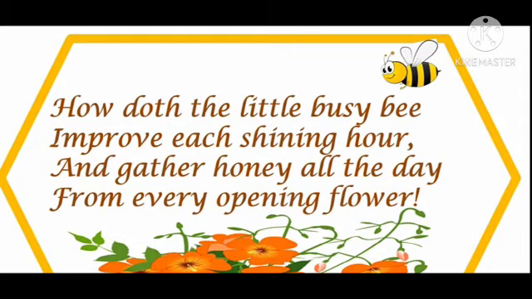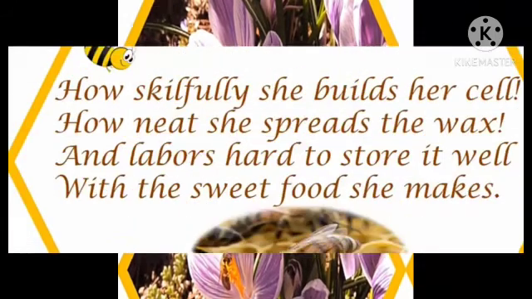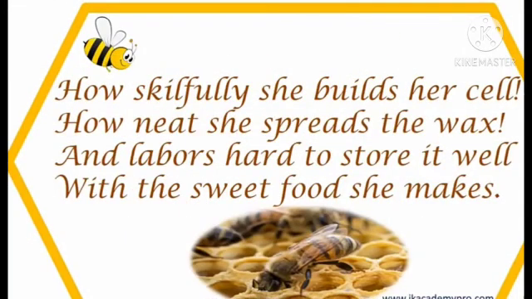So here in the first stanza, the poet is wondering how the little honey bee is so busy and how it becomes more energetic and works harder and harder as the days go by. He also wonders how it is able to gather honey all day long, moving from flower to flower. Understood, students? Okay, now let us go to the next stanza.